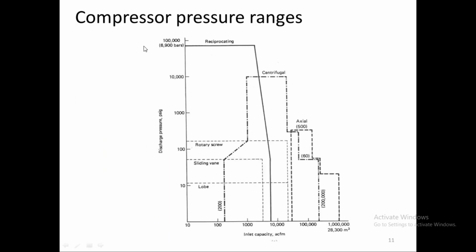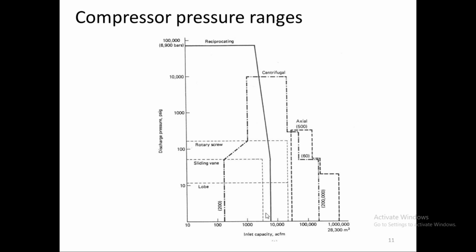And this one, compressor pressure ranges. The vertical axis is the discharge pressure, and the horizontal axis is the inlet capacity. If you can see, the highest pressure can be generated by the reciprocating type of compressor. This line here is showing you the reciprocating compressor.